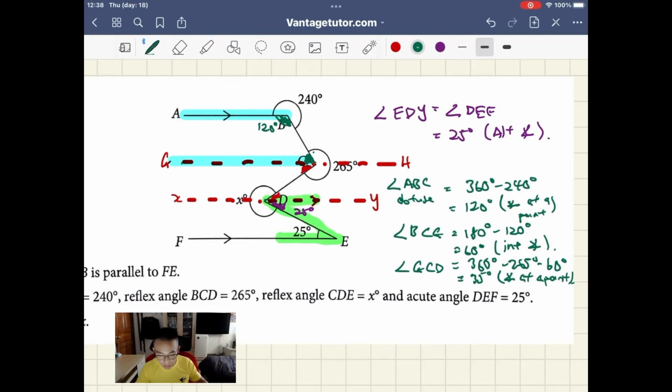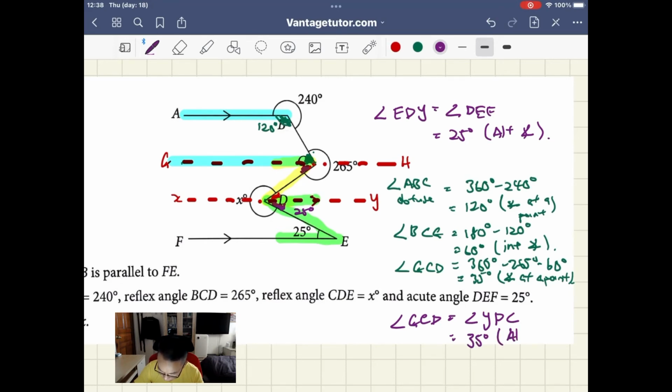Okay, so now I have this angle already, the one I highlighted in purple. Then we go back to what we talked about before we started on this part of the question. There is a Z angle that you learned in primary school over here, your alternate angle. I'm running out of space, so I'm just going to write it down here. Angle GCD is equal to angle YDC, which is also 35 degrees.